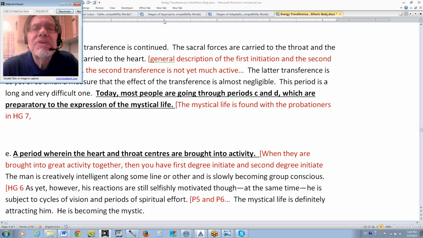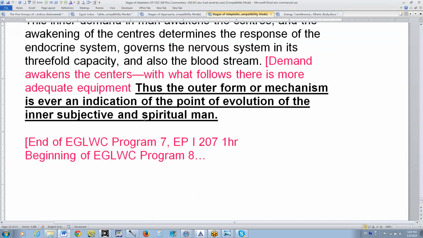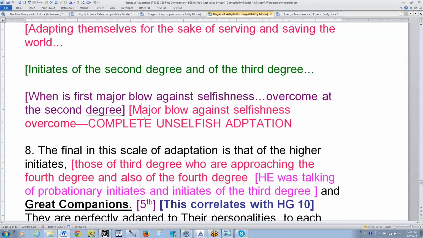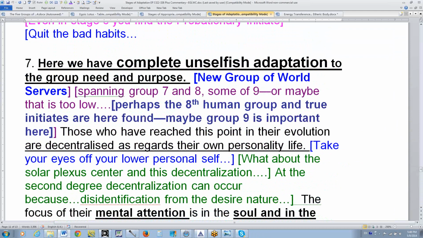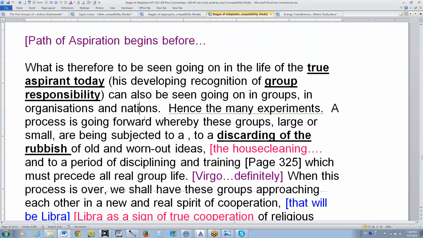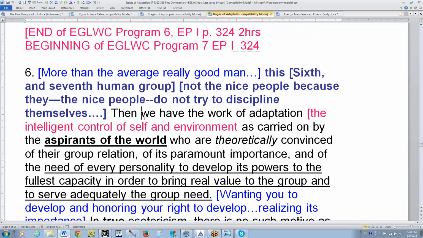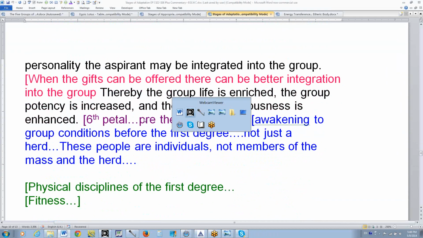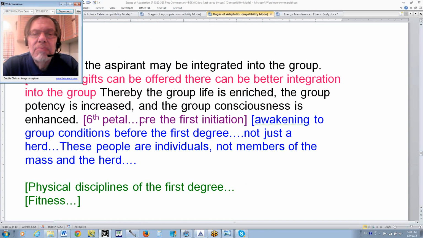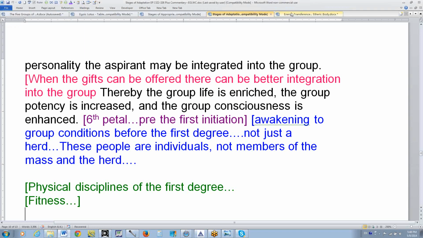And I think when we look at the stages of adaptation, let's just see when this selfless stage comes in. It comes in, I think, pretty much at number 7, the 7th stage of adaptation. When we're looking here at group number 6, 6th stage of adaptation, he calls them the aspirants of the world. So we have to keep all these numbers straight and see how they can all blend together to make a completed picture. Okay.